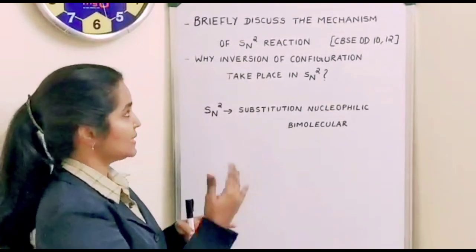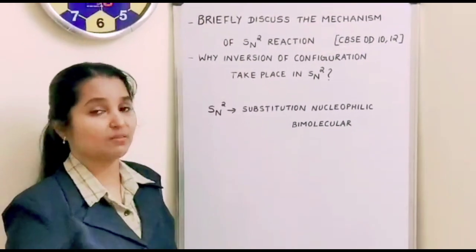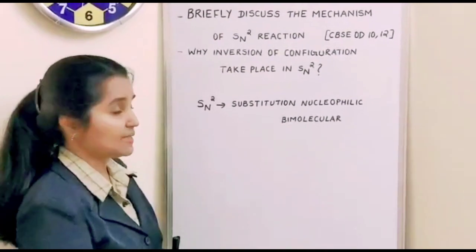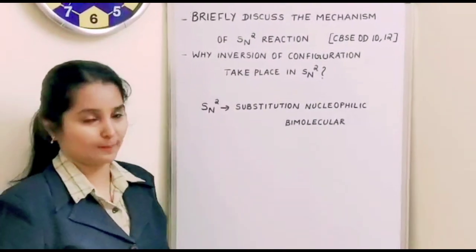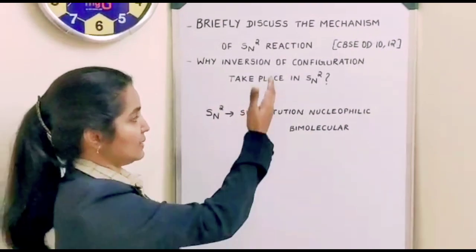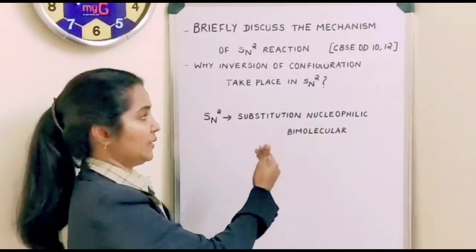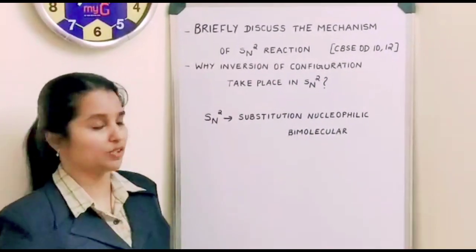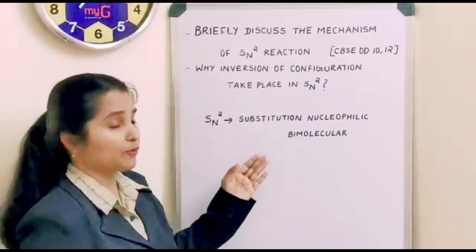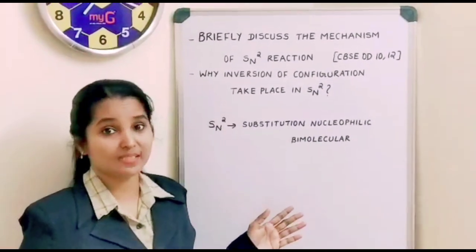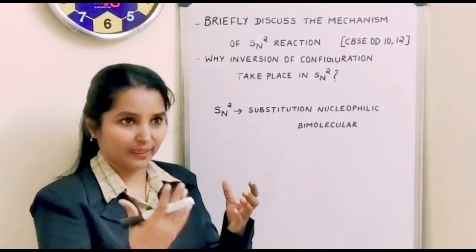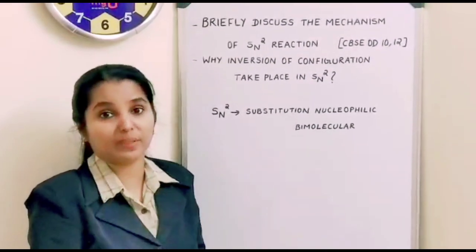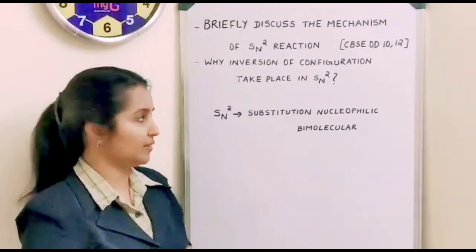So let us see. In this we have to know what is inversion of configuration, what is SN2, and how that reaction takes place. But I think all these names in SN2 reaction are familiar to you. S stands for substitution. You know what a substitution reaction is. That means a particular reactant is replaced by another reactant.